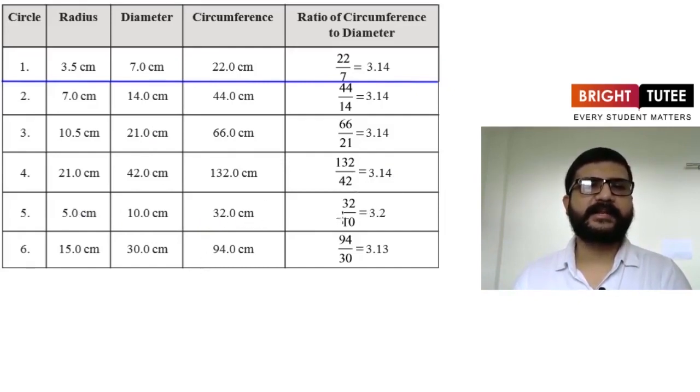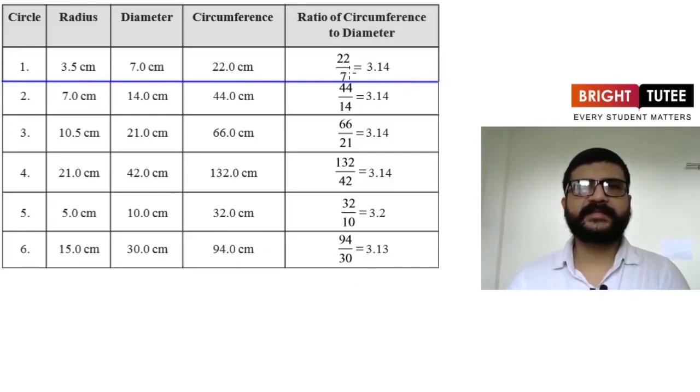So here 32.0 centimeters and the diameter is 10 centimeters. The ratio of circumference to diameter is 3.2, and in the last case we are having a circle of radius 15 centimeters. So its diameter will be double of it, and that is 30 centimeters, and circumference came out as 94.0 centimeters. And when we find the ratio of circumference to diameter, it was approximately equal to 3.13.